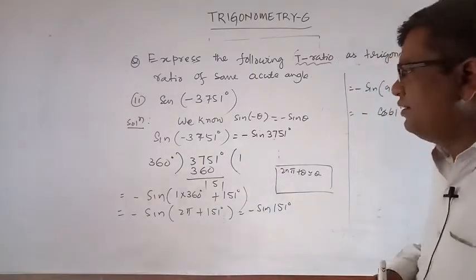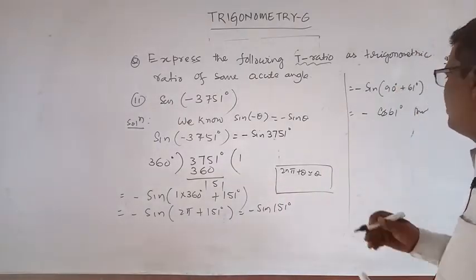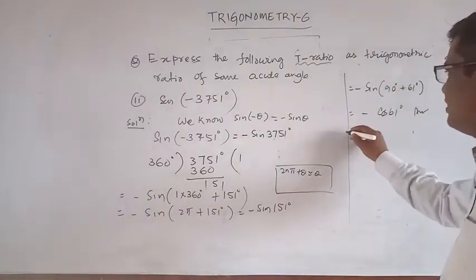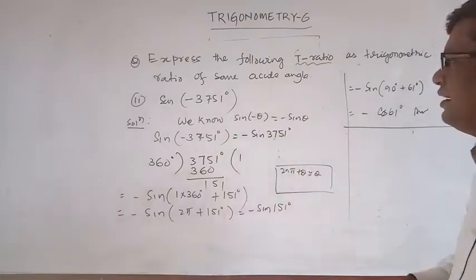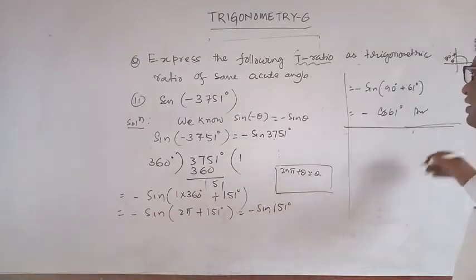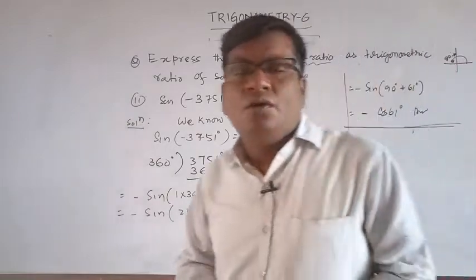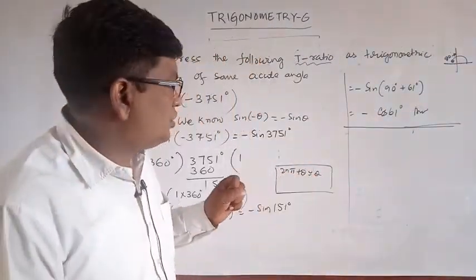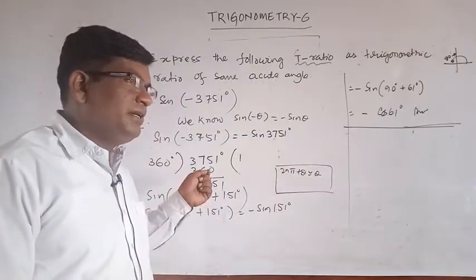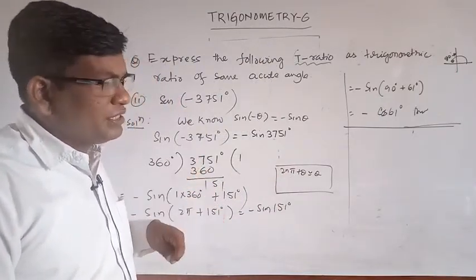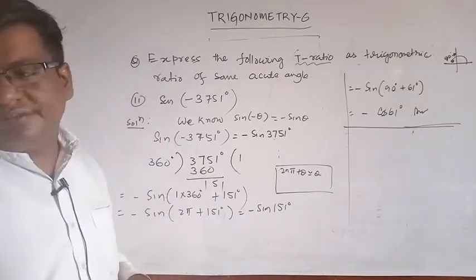Now let's verify. Second method: we can divide by 90 degree, and the answer will be the same. So this type of question can be solved by dividing by 90 degree, or 180 degree, or 360 degree.